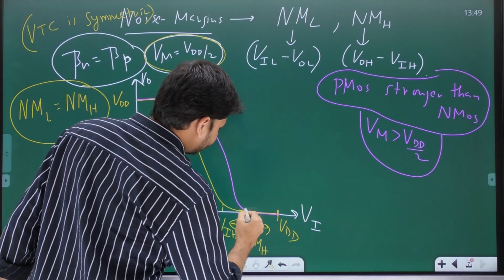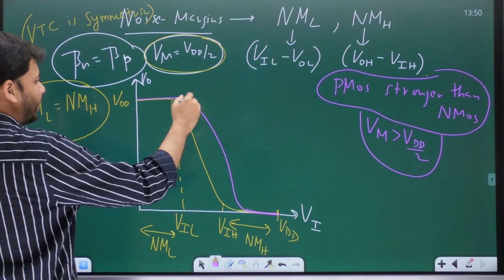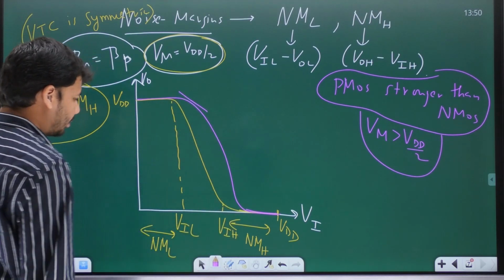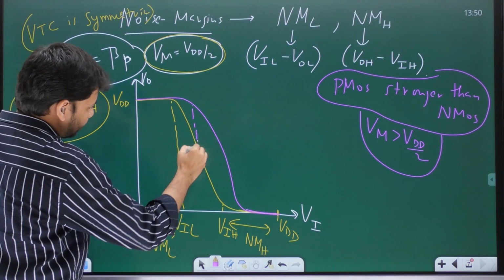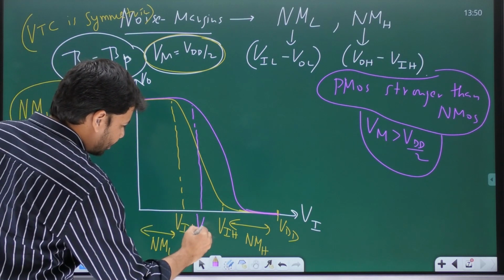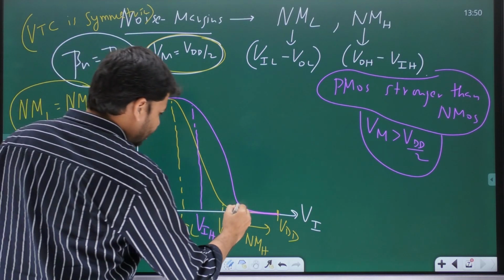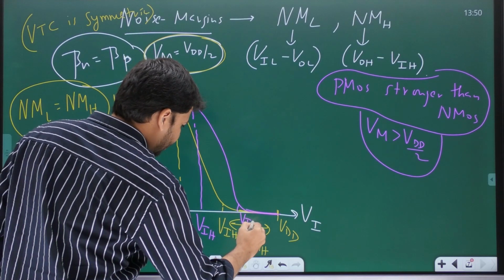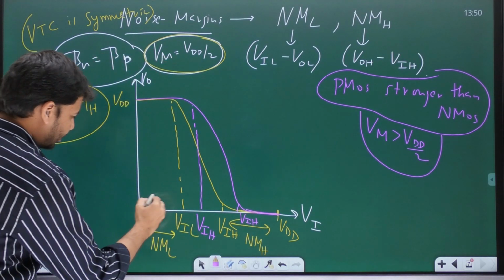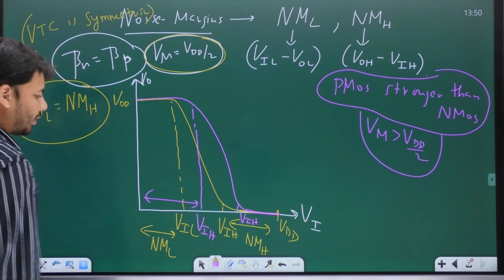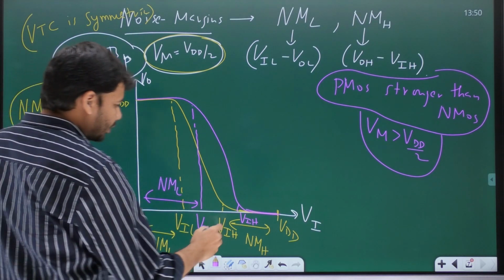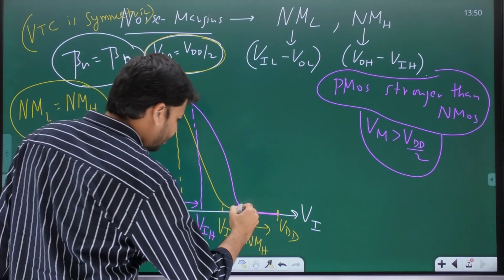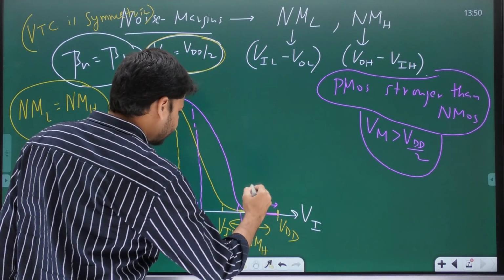Once again, for the new VTC, there will be new values of VIL and VIH. Look at this. Let this be the new VIL and let this be the new VIH. Now, the new noise margin for low input, would it not be this thing? This is NML. And the new noise margin for high input, would it not be this thing?